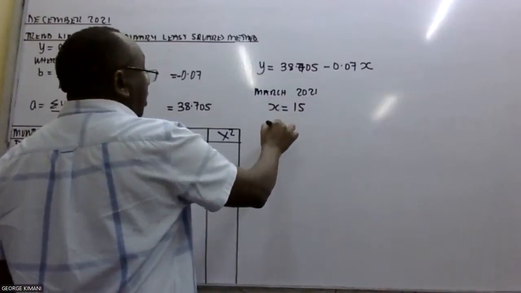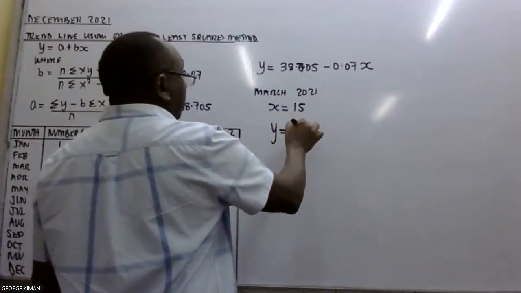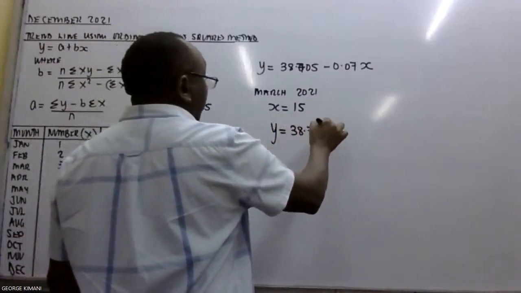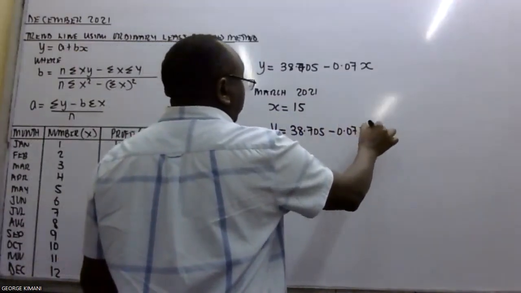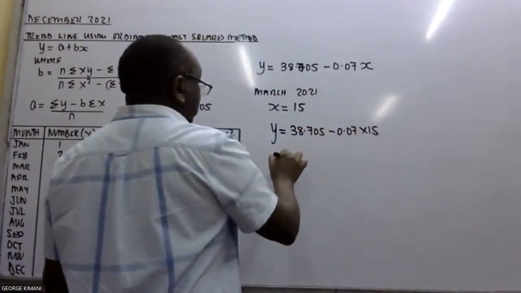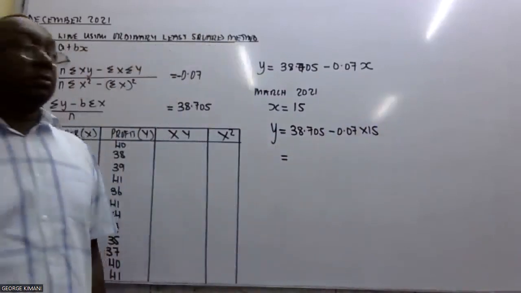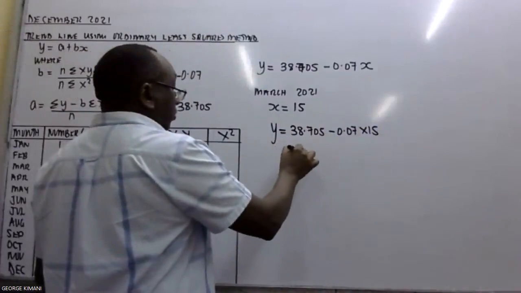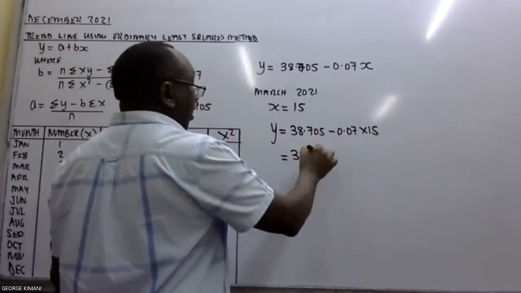So the Y predicted will be 38.705 minus 0.07 times 15, which is 37.655.